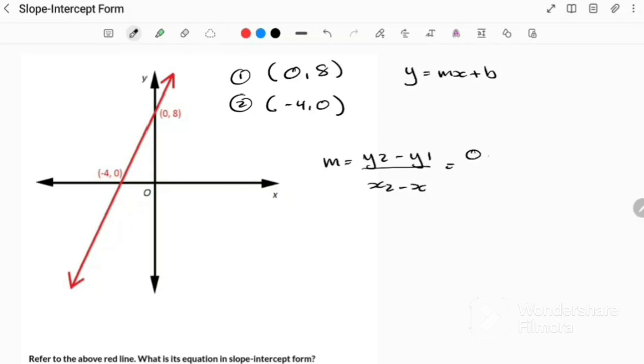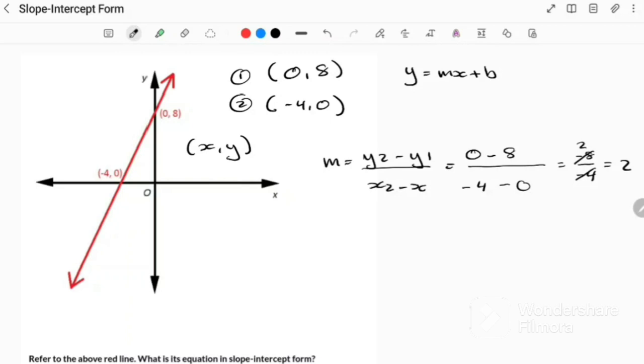So 0 minus our y1 is 8 over, because remember, our coordinates are in the form of x, y, and our x2 is -4, and our x1 is 0. If we solve this, we're left with -8 over -4, which is 2. So our m is 2.